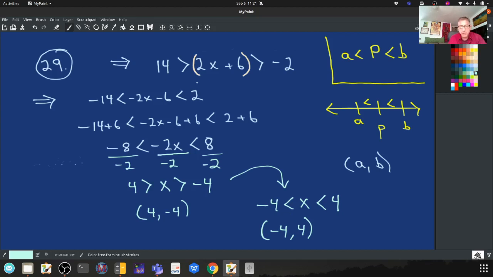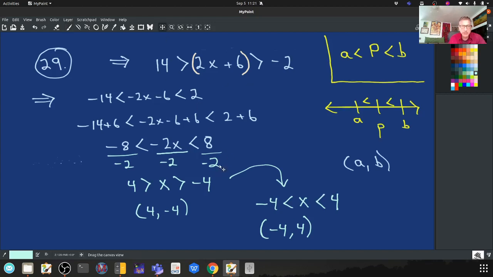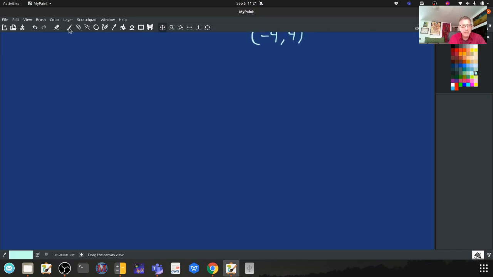So we could have done, actually, let's do this. If you're bored and you got it, you can go on. Let's go ahead and do this one a different method. And our original was 14 is less than minus 2x plus 6 is greater than minus 2.